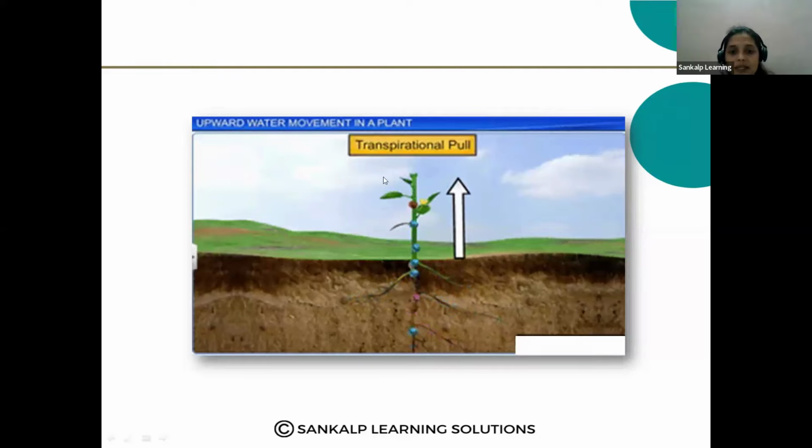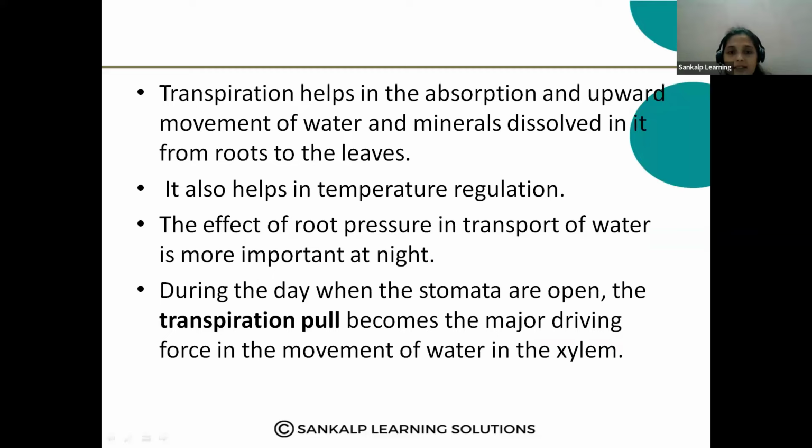This is created by the transpiration process, and it helps the movement of the water molecules inside the xylem vessels up to the leaf surface. This is also called the transpiration pull. Transpiration also helps in the absorption and upward movement of the water and minerals dissolved in it.